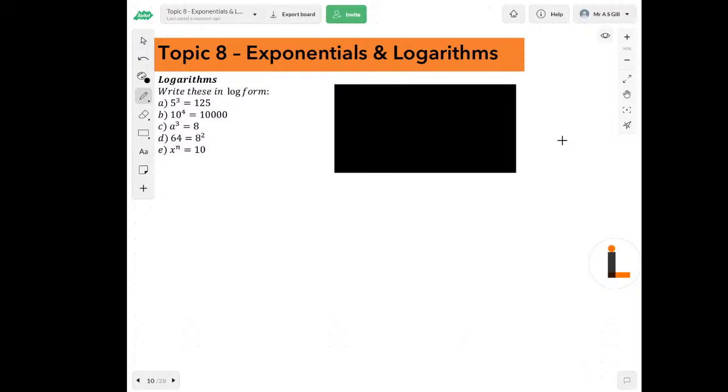So let's just have a go and make sure we're really comfortable going through and switching between logarithmic form and index form. So I'm going to just write that example back up again. We had 10 squared is equal to 100. And we've got log base 10 of 100 equals 2.